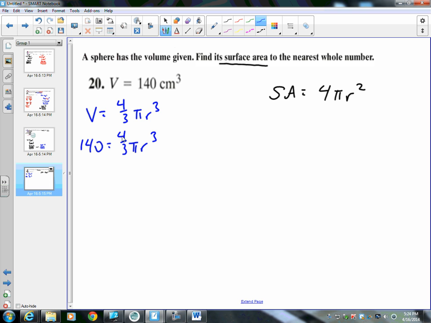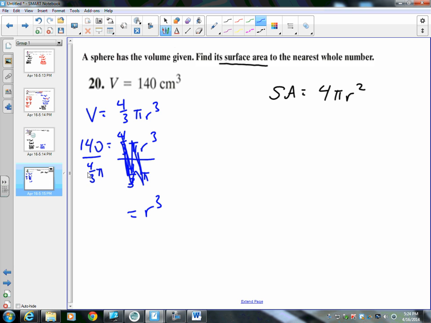First, I want to get rid of this 4/3 pi. How do I do that? I can divide both sides by 4/3 pi. It cancels out all of this stuff, so all we're left with is r cubed on the right. We get 140 divided by 4/3 pi.